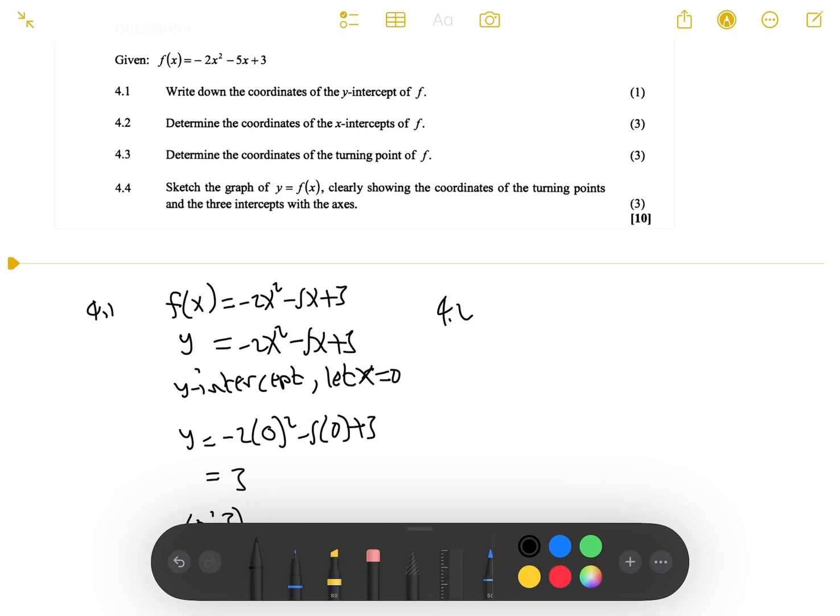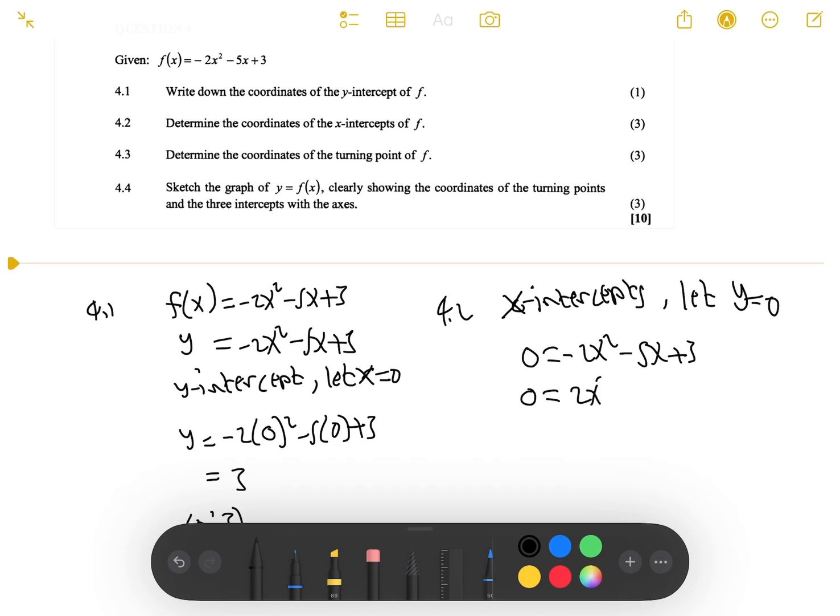So for the x-intercept, let y equal 0, and from that we get 0 equals negative 2x squared minus 5x plus 3.